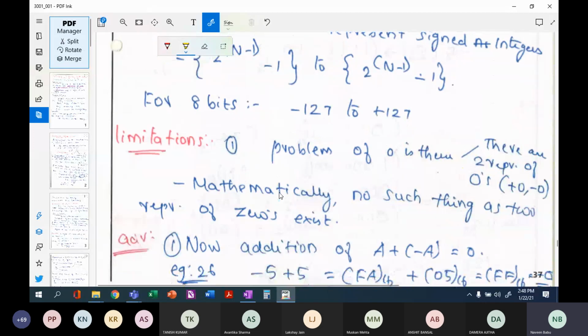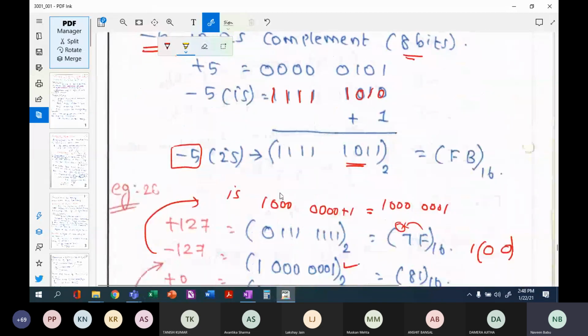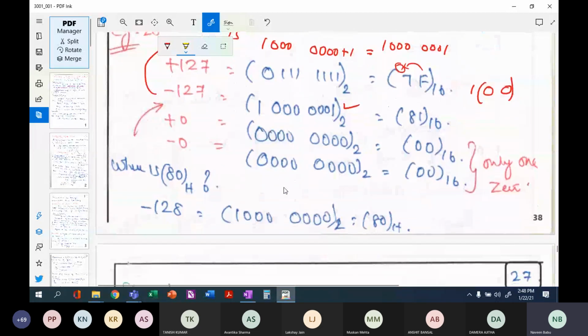So here let us see in 2's complement form what 80H is equivalent to. 80H is equivalent to minus 128. So minus 128 will not go beyond the limits of the 8-bit representation. Instead, in 8-bit representation, you are trying to represent one additional negative number in case of the 2's complement form.